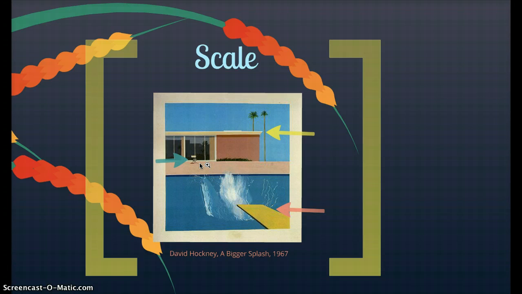So things that appear in the middle ground or the background are going to be smaller than what would be appearing in the foreground. So he's created a sense of perspective by scaling things down from large to small to smaller.